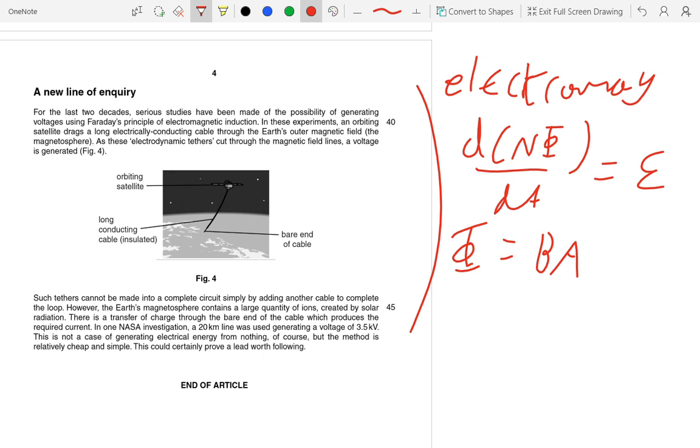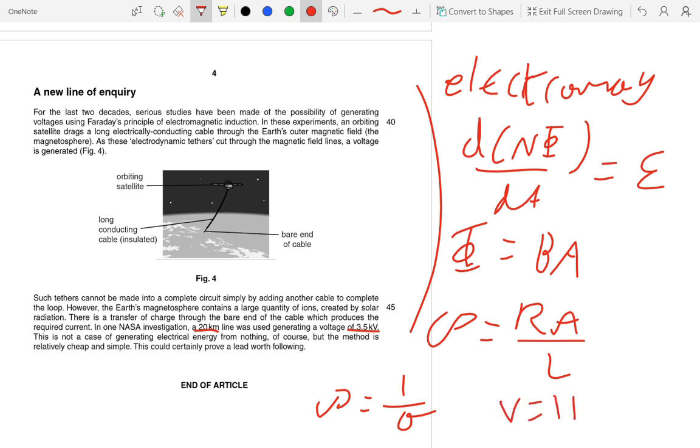And also, like I said, I think we're giving you a length, resistivity could come up, so rho equals RA over L, and that relates to conductivity by 1 over rho equals sigma, because it's also giving you a voltage, which would imply resistance is probably going to come up somewhere. If it gives you the resistivity and the area, for example, and tells you to work out the current flowing through it, then you have to find the resistance first and then use V equals IR to find the current.